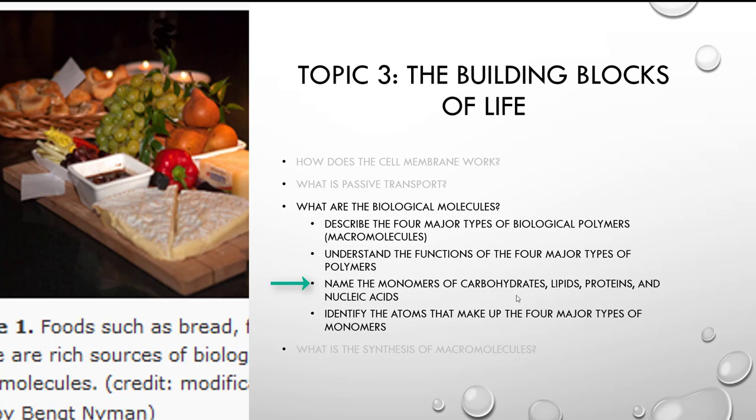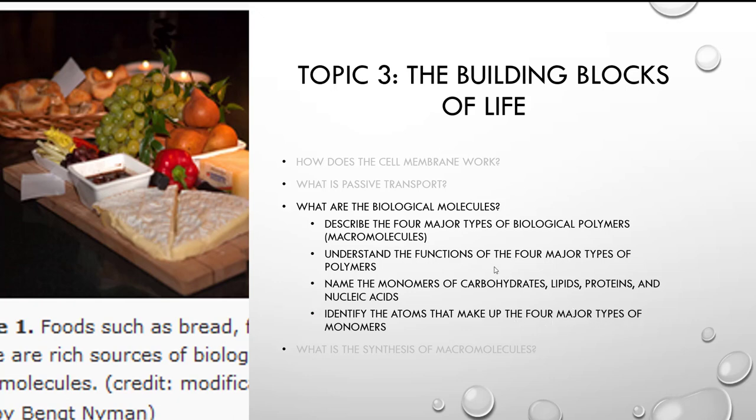So that was the monosaccharides. Lipids, there wasn't one specific one, but you should be able to give examples of types of lipids. Proteins, what was the monomer? That would be the amino acid. And then nucleic acids, what was the monomer? The nucleotides.